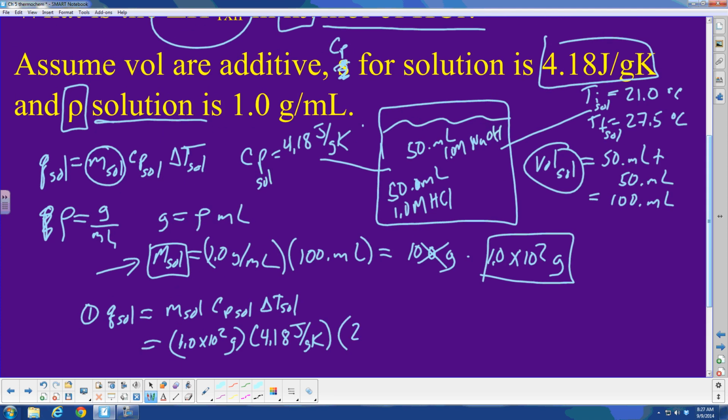Final is 27.5 Celsius minus 21.0 Celsius, right? And remember, for a delta T, Kelvin is the same as Celsius because each degree of Kelvin equals a degree of Celsius. They just start in different places. So I do not have to change this to Kelvin because you'd still get the same delta T.